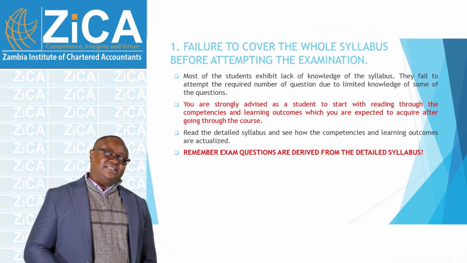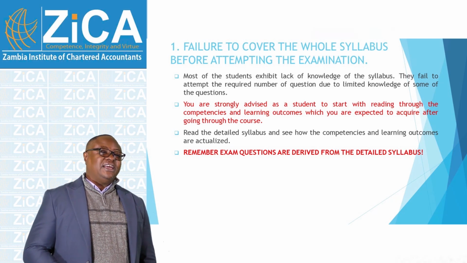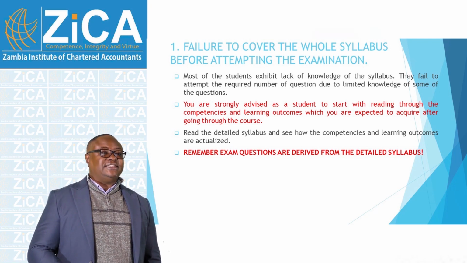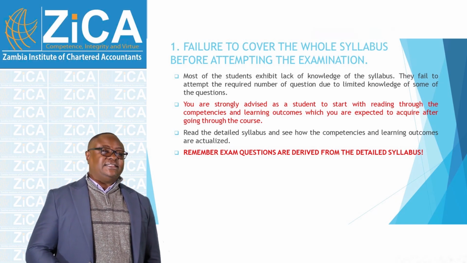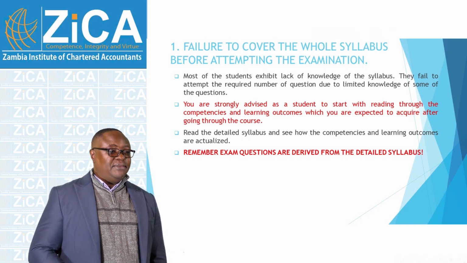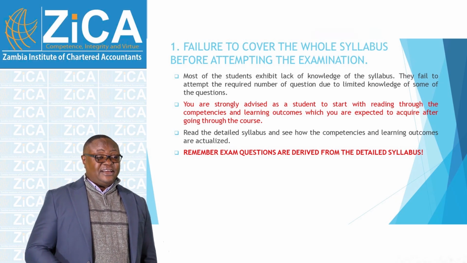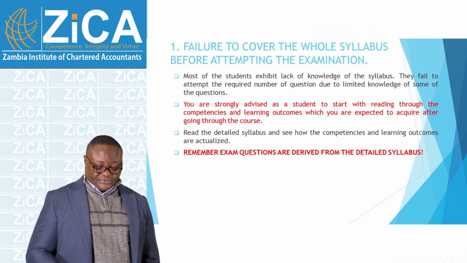So if you have just looked at one aspect, you are not going to manage to pass this particular paper. So the issue is that you should cover the entire syllabus. By the way, exams are derived from the detailed syllabus. That is the part of your course materials that you are given when you start studying.